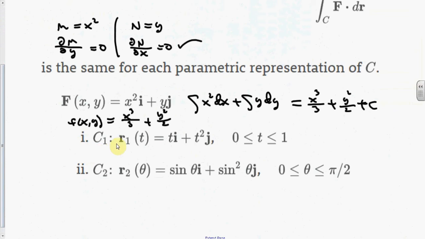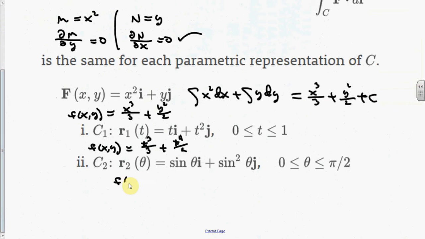Now for C sub 1, f of x, y is whatever x is, cubed. So x is t. So this is t to the third over 3 plus, and then y is t squared, to be squared. So that's going to be t to the fourth over 2.